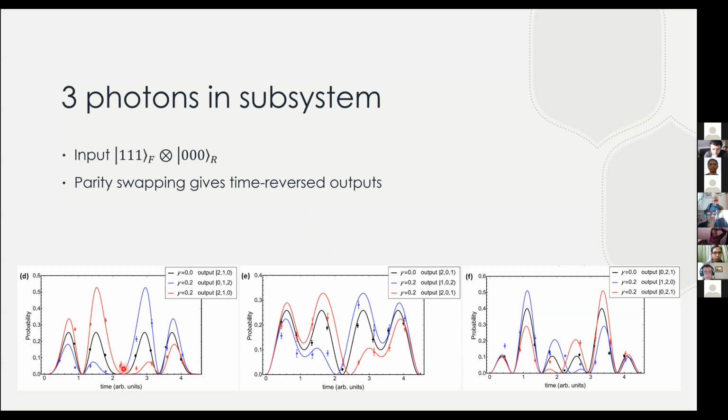So you can see this blue line, where the output in this specific graph, 1 photon in mode 2 and 2 photons in mode 3, is the time reverse of the output where there are 2 photons in mode 1 and 1 in mode 2. And then the same idea holds for these other graphs. And comparing that with the Hermitian system, it's just the same.